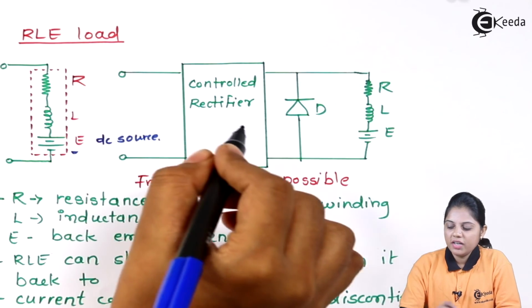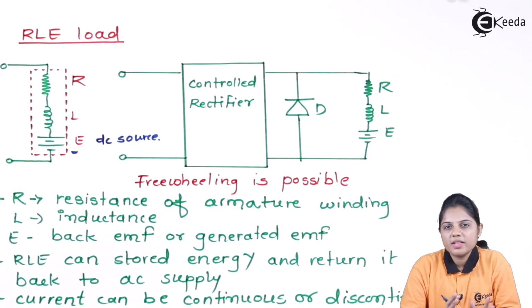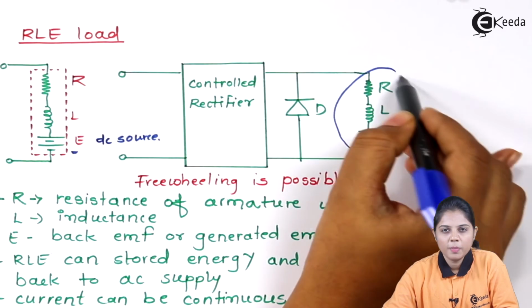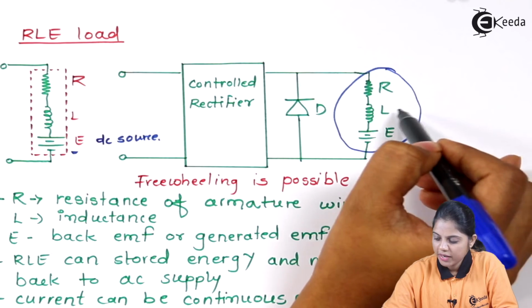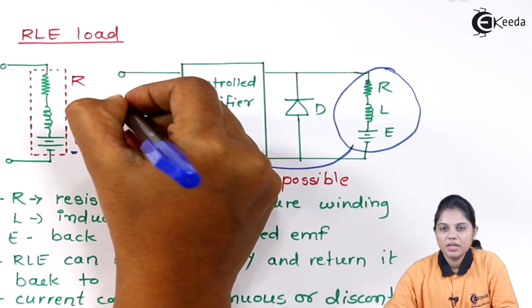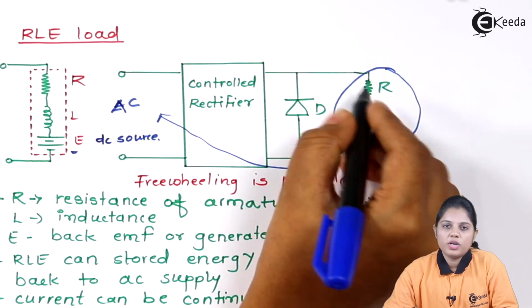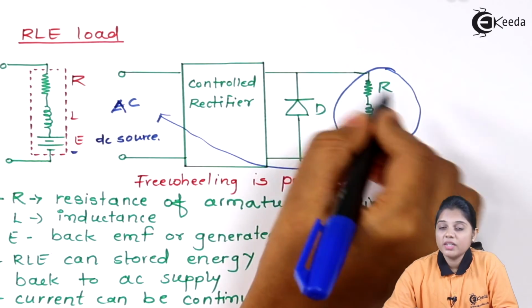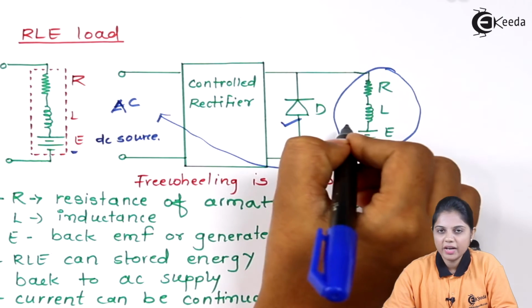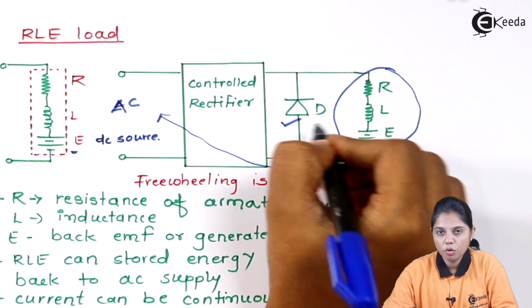Again, the advantage of RLE over a pure resistive is that you can store energy in RLE type load. That stored energy can be fed back to the AC source, which is given as an input voltage, correct? Because it is storing the energy, you can use freewheeling diode in parallel with RLE load.